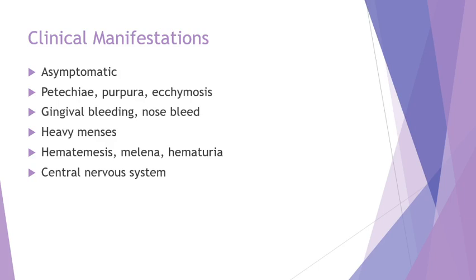So let's talk about what these patients look like. Most of the time they are asymptomatic, and it may be an incidental finding that they're thrombocytopenic when we just do routine labs and realize that their platelet count is low.